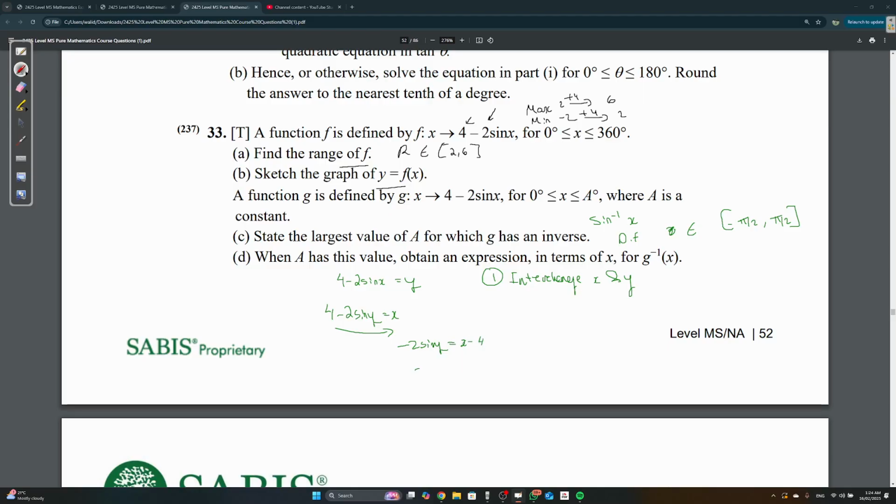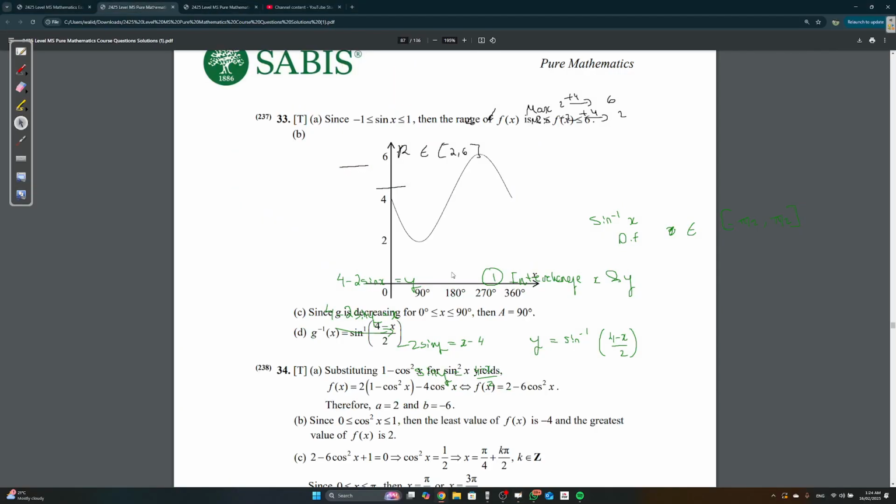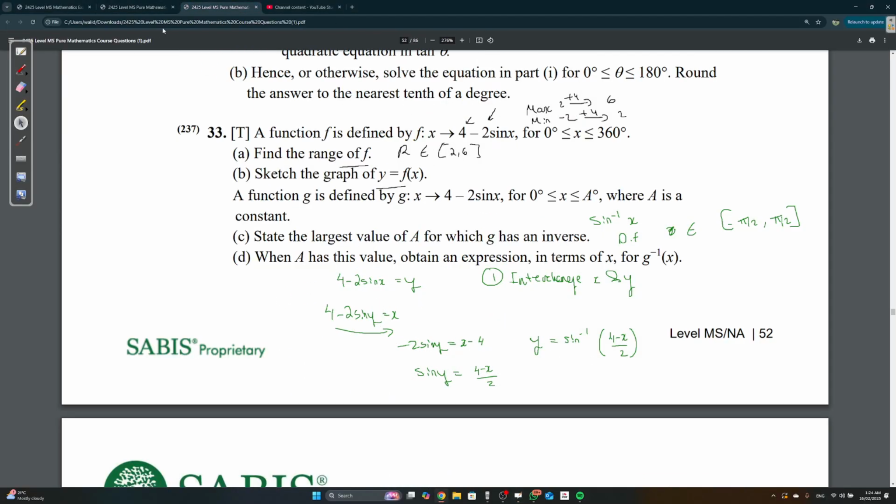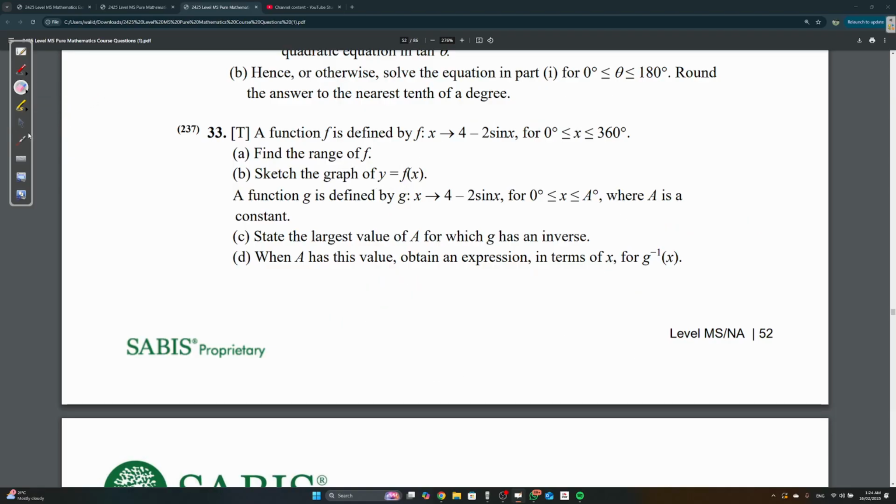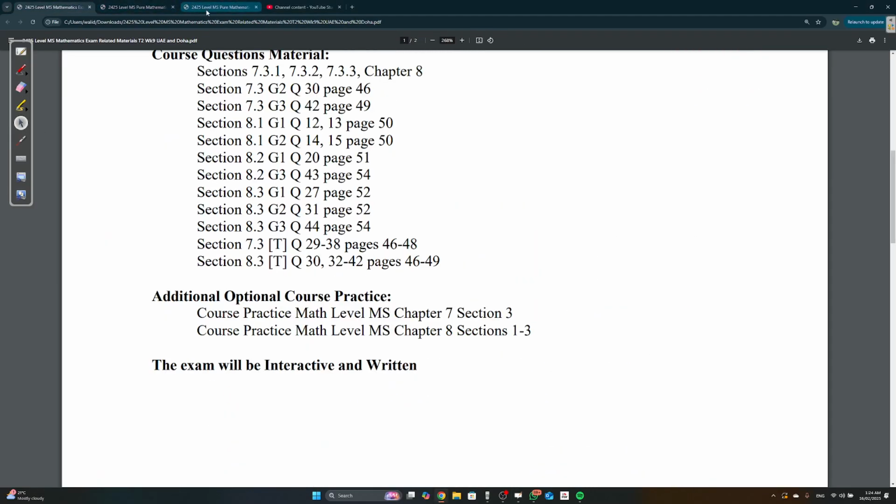Okay, divide by minus 2, you're going to get sine y is equal to 4 minus x over 2. Now, take the inverse on both sides, so you're going to get y is equal to sine inverse of 4 minus x over 2. I think they keep it like this, they don't simplify it further, right? Yeah, okay. Makes sense.